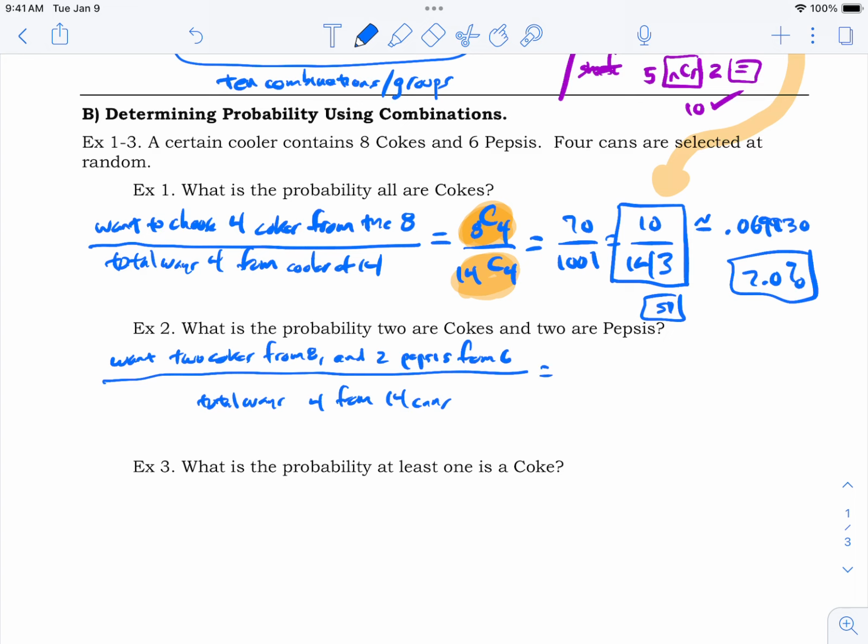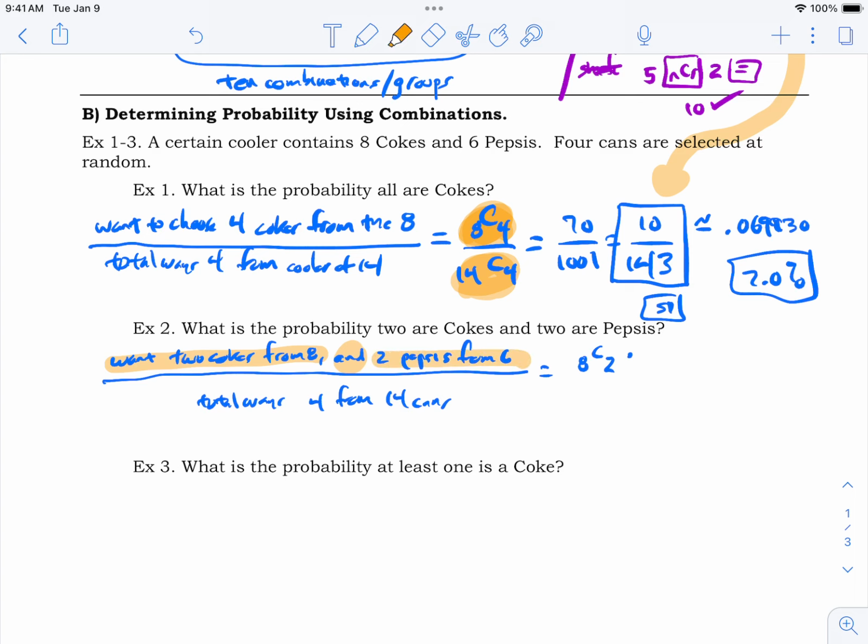Okay, so let's kind of interpret this way. 2 Cokes from 8. Looks like this. There's 8 Cokes. We're going to choose 2. We've seen in the previous lessons that the word and, we're talking a multiplication. Remember the multiplication rule. You're going to do this and that. Well, you're going to multiply the possibilities or the probabilities. Doesn't matter. It's the same. And what else are we doing?